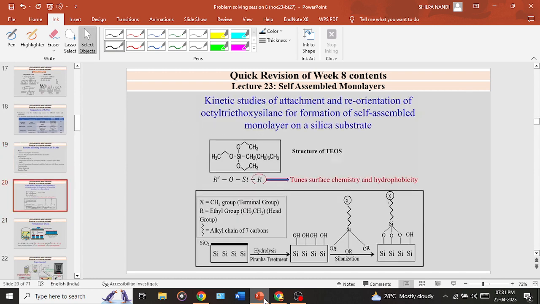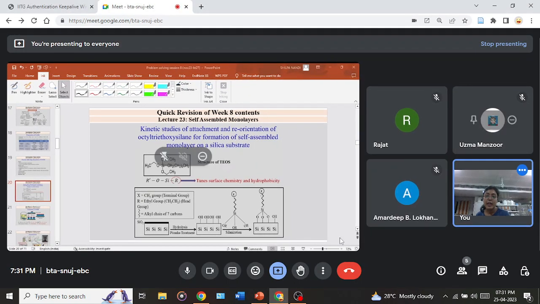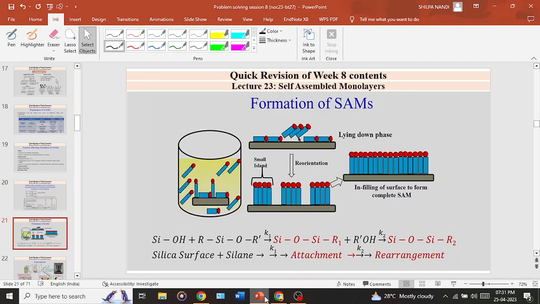So next we have this kinetic study of attachment and reorientation of octyl triethoxysilane for formation of SAM on a silica substrate. So you can see this is one of the examples of how the SAMs are formed. So kinetic studies have also been done regarding this similar thing.